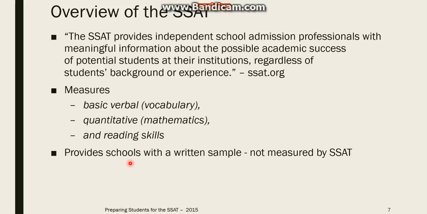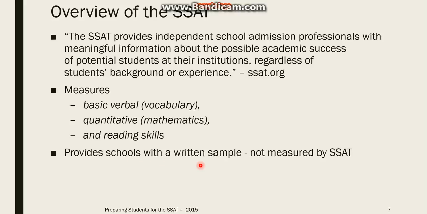So students do a writing sample, and it's based on 2 possible prompts that they're given. They're never the same. So students will get 2 prompts, and they need to choose one prompt and they write based on that prompt.